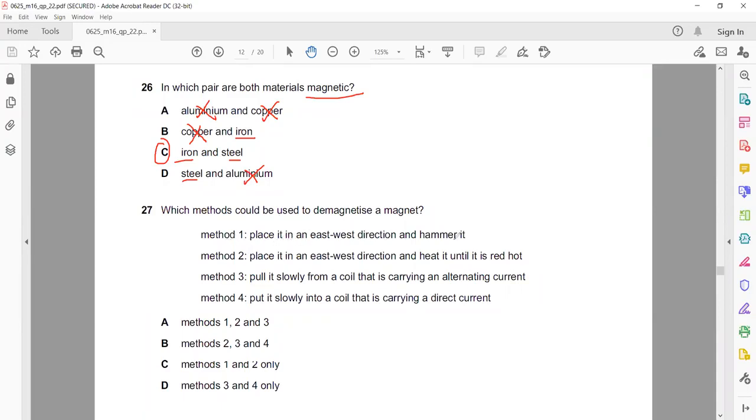Place it in east-west direction and hammer it. Hammering will demagnetize. That's true. Place a magnet in east-west direction and heat until it becomes red hot. That's true. Pull it slowly from a coil that is carrying an alternating current. That's also true. Put it slowly into a coil that is carrying a direct current. That's wrong because DC is used to magnetize, not to demagnetize. So which methods can be used to demagnetize? Methods 1, 2 and 3. That is why A is the right answer.